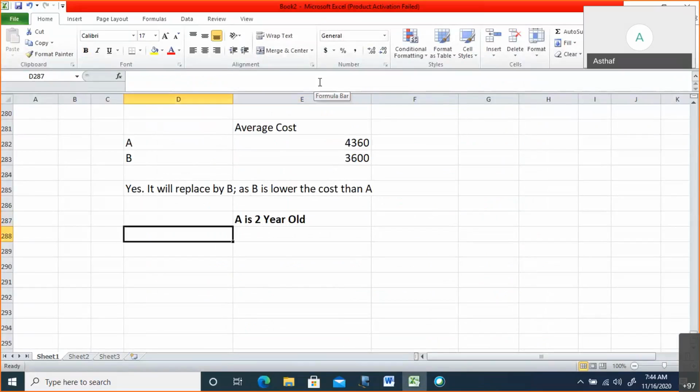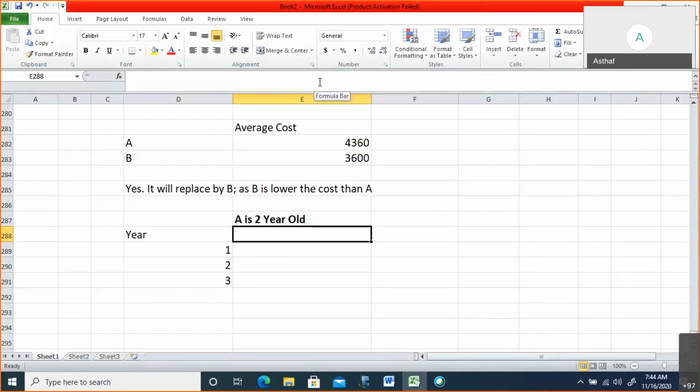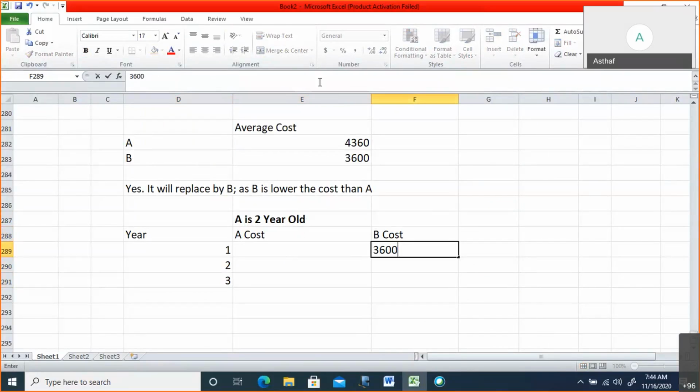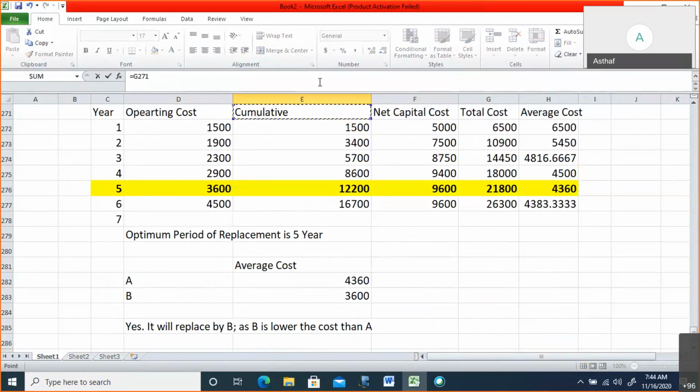So we compare the A cost and the B cost. The B cost is 3,600, which we know already. The A cost is for a 2-year-old machine right now. Listen now.